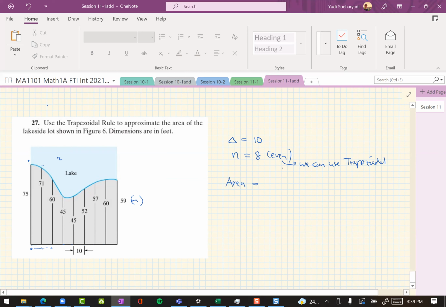So the approximate area here is that. Oh, trapezoidal rule, right? No, no. So this is parabolic. We'll make comparison.